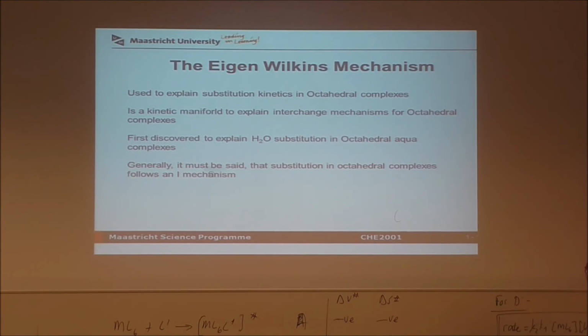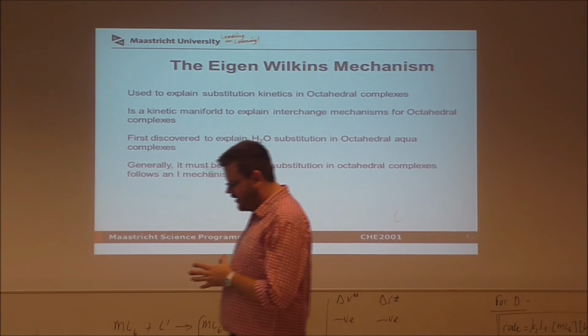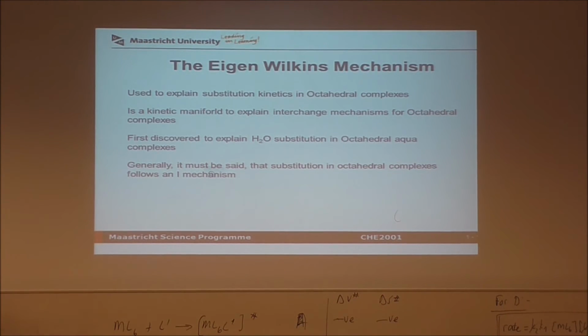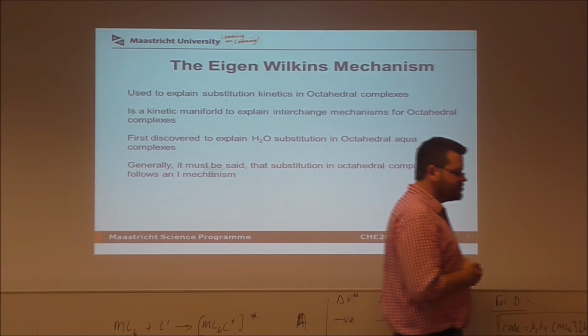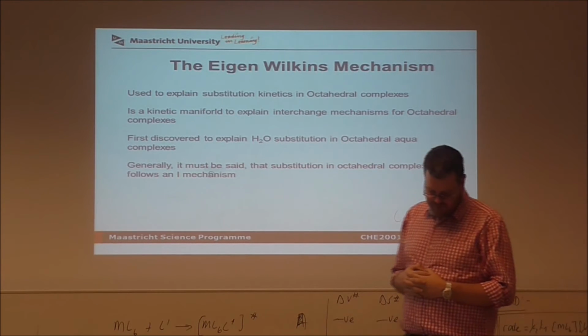It comes from two guys, Manfred Eigen and Wilkins, and they did this work, I guess, in the 1930s or 40s. What they were trying to do is basically explain the substitution of water in octahedral complexes.